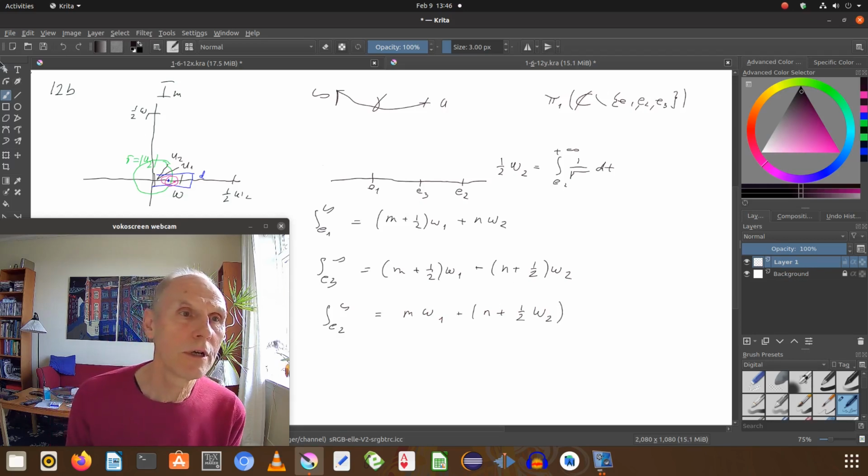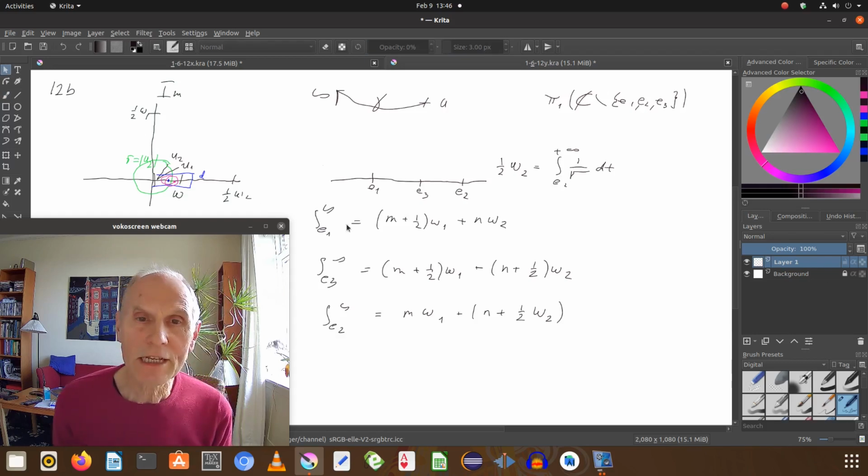Now, I think this is very easy to see. When we start out, then the direct way going from E1 to infinity gives m equals naught. So if we go via E3, then either branch will add half omega 2.